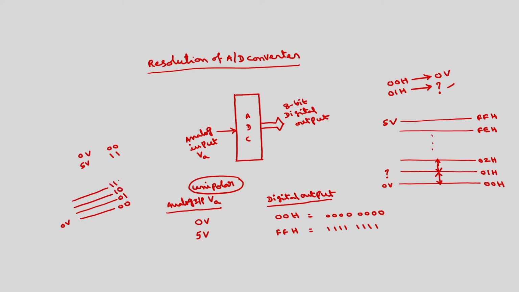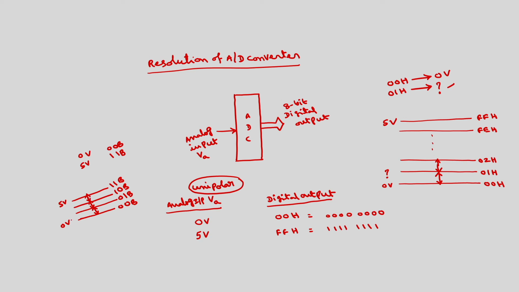These are all binary values, B, not H. So this is 5 volts. Now, what is the distance between two consecutive levels?